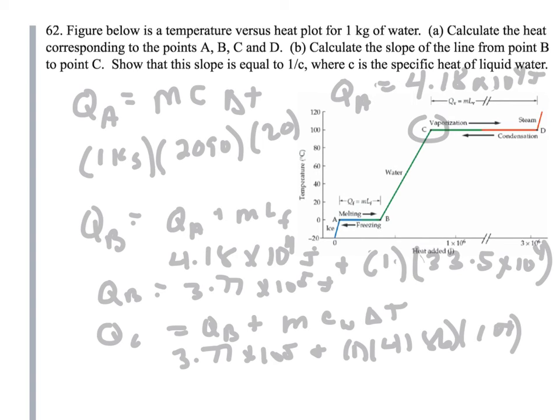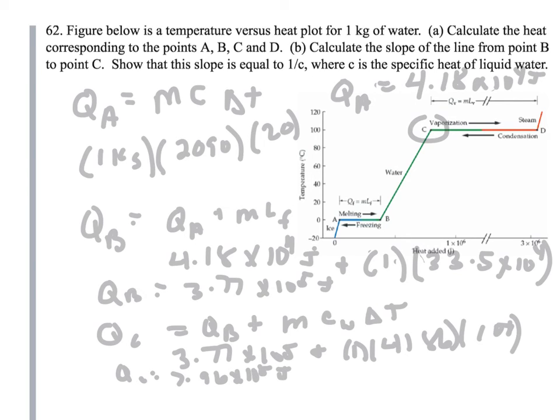So Q sub C is equal to 7.96 times 10 to the 5th joules.